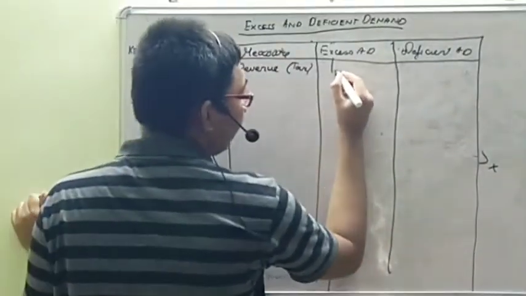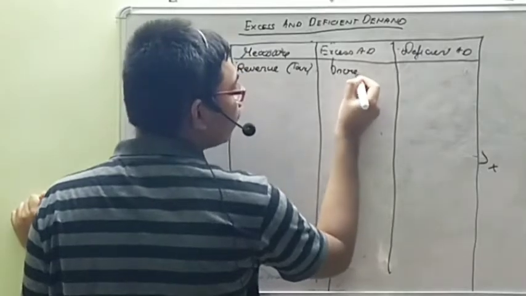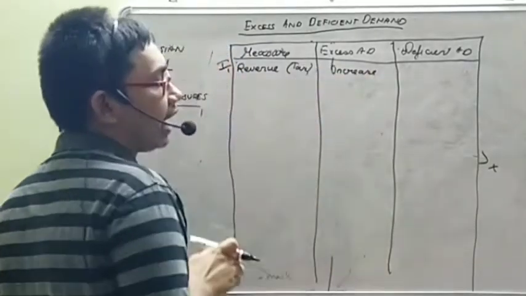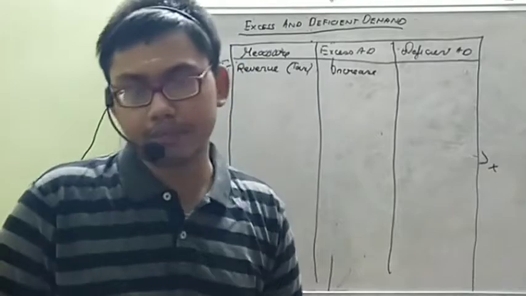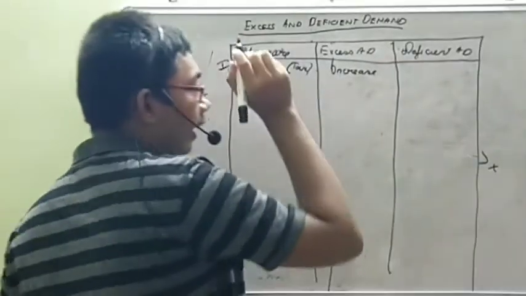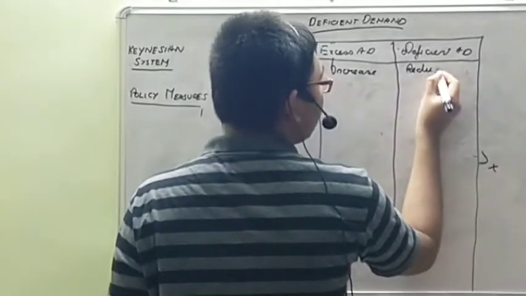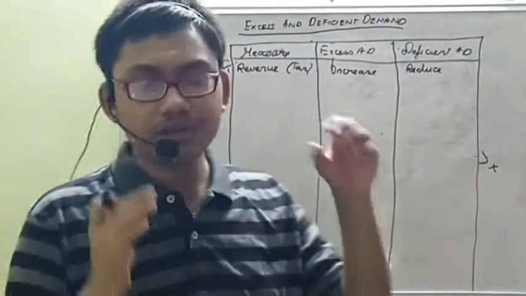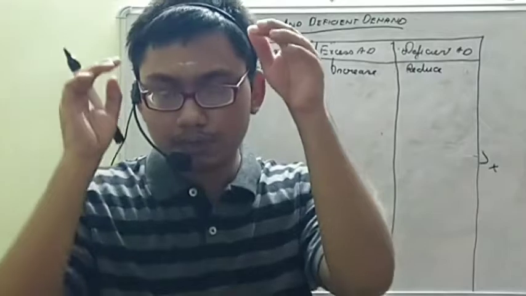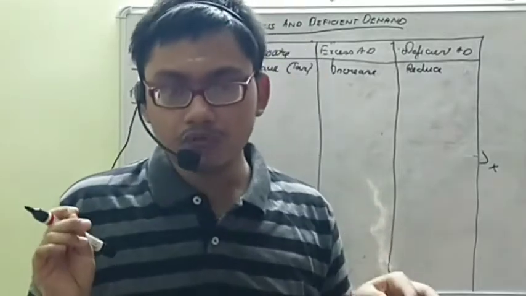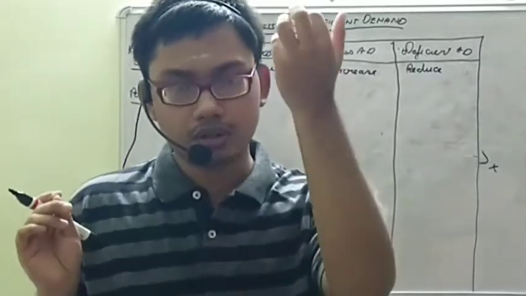So, in case of excess demand, the government should increase taxation or increase government revenue. In deficient demand, government should reduce because if the taxation is reduced, people will have to pay lesser amount and therefore their purchasing power will go up.